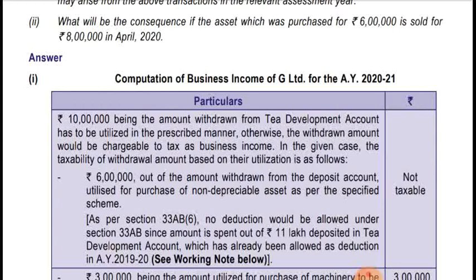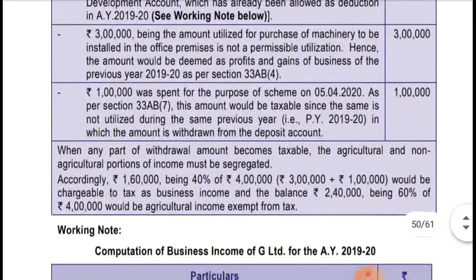From that amount only, 6 lakh rupees has been withdrawn, so no deduction will be allowed and no taxability as it is used for the specified purpose as per the scheme. They are showing some working of how the amount has been utilized, the calculation of 60 lakhs minus 11 lakh, that is lower of 24 lakhs and 11 lakhs. Let's see the working note.